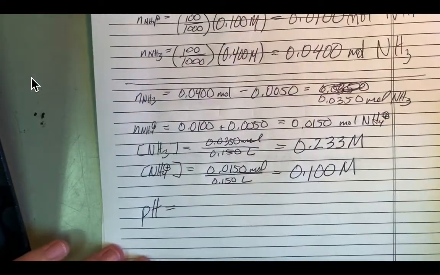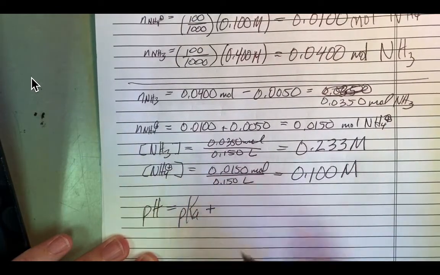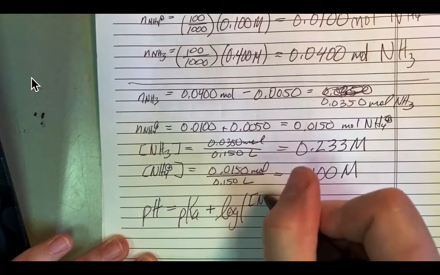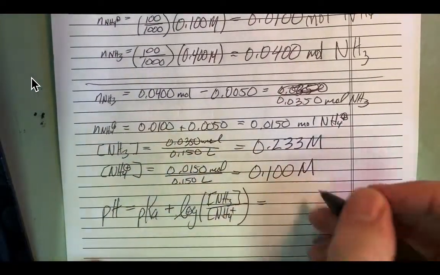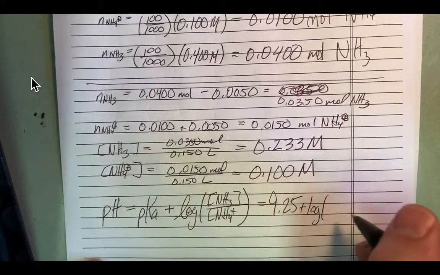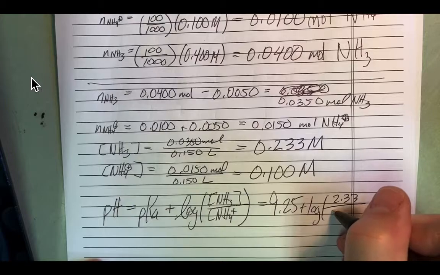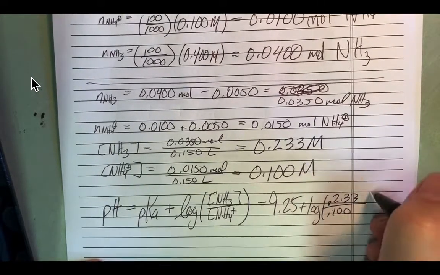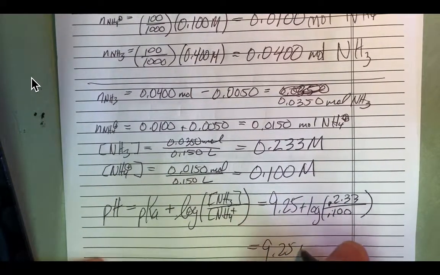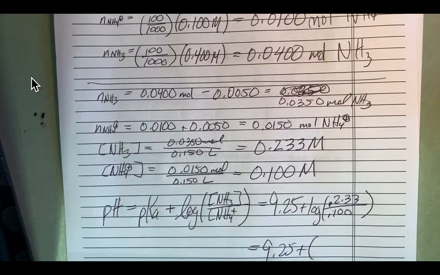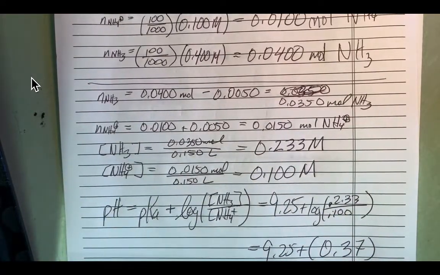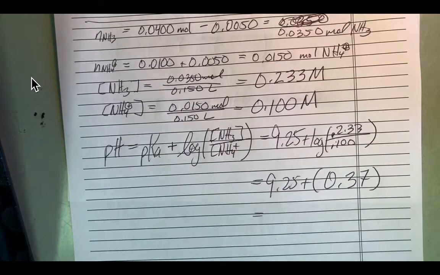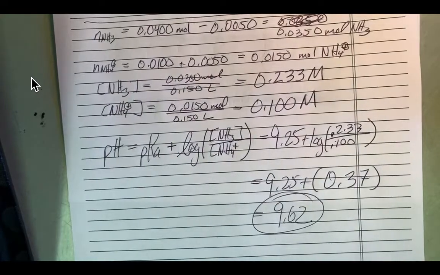All right, now we're ready for that Henderson-Hasselbalch equation again. pKa plus log of ammonia over ammonium gives .62.